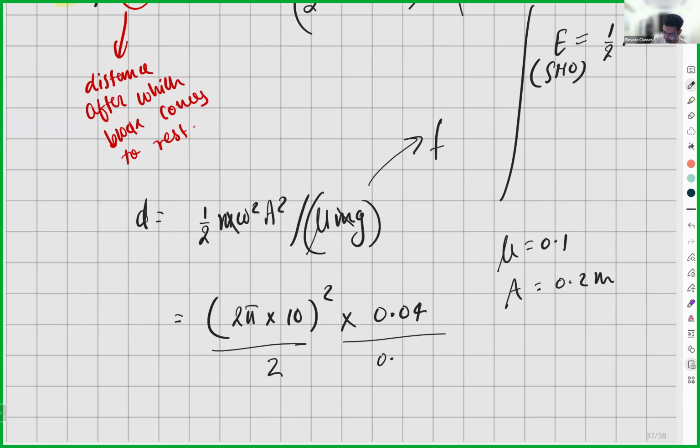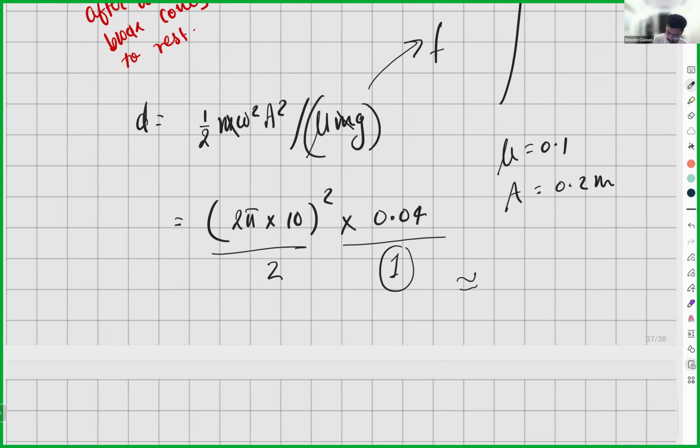Mu is 0.1, 0.1 into 9.8. So let it become 1, approximately it is 1. All right, so now you can do the simplification. 0.02. This is d.